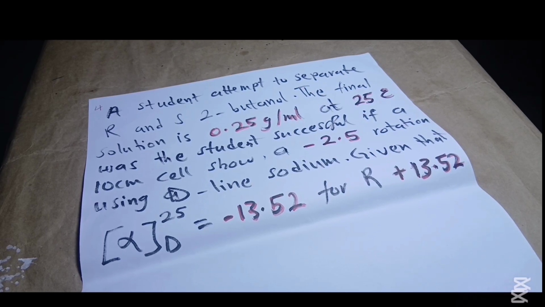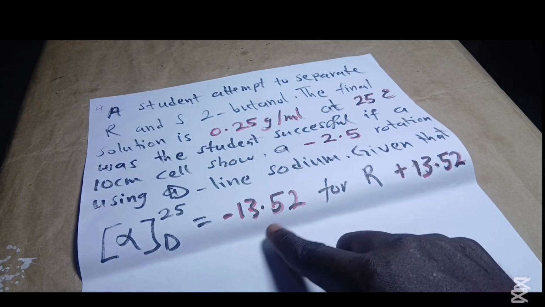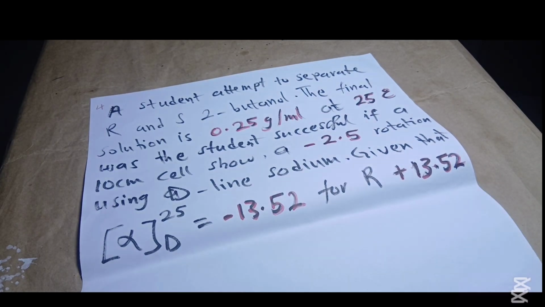The final solution is 0.25 gram per ml at 25 degrees Celsius. Was the student successful if a 10 centimeter cell shows a minus 2.5 rotation using D-line sodium, given that the specific rotation of the D-line sodium at 25 degrees is minus 13.52 for the R enantiomer?